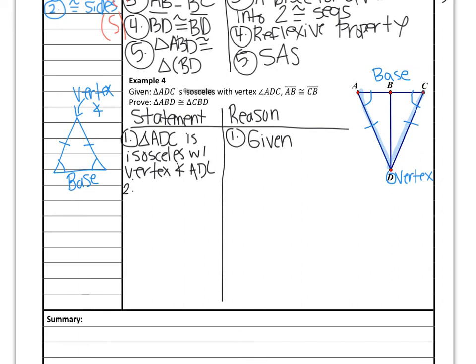So we actually have two things that we can use or prove based on the fact that this is an isosceles triangle. So we can start with angle A is congruent to angle C. And again, we can do this because we know the properties of an isosceles triangle, and we're going to define them over here. So we can say an isosceles triangle has two congruent base angles.